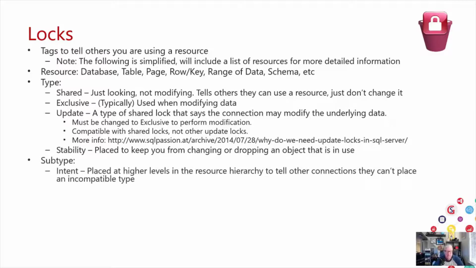Okay. And then a subtype of intent. So if I'm locking a row in the table, I'm in a query, I accessed a row and I have a lock on it. There'll also be a lock placed at different levels higher up in the chain. So the row will have a shared lock, perhaps, or an exclusive lock. And then the page will have an intent lock on it that says someone below me has a certain kind of lock.